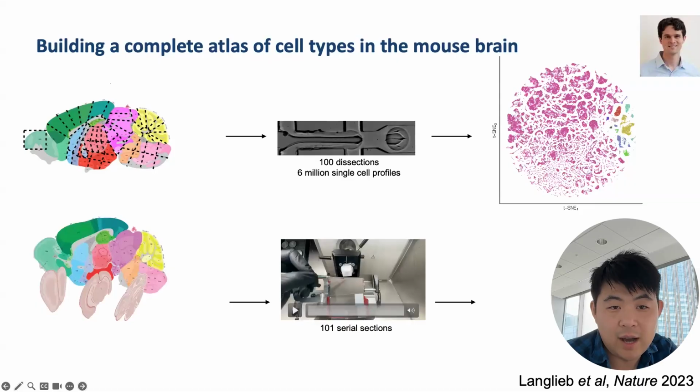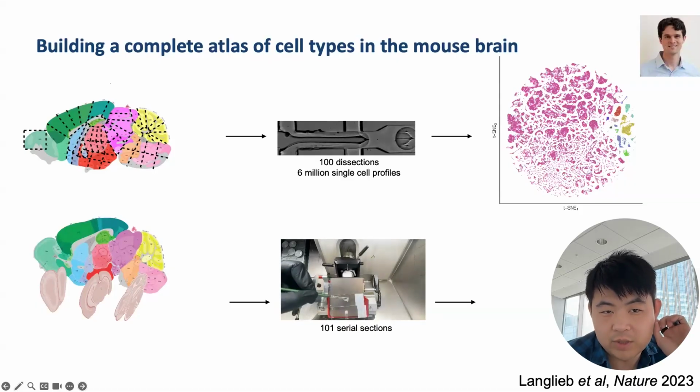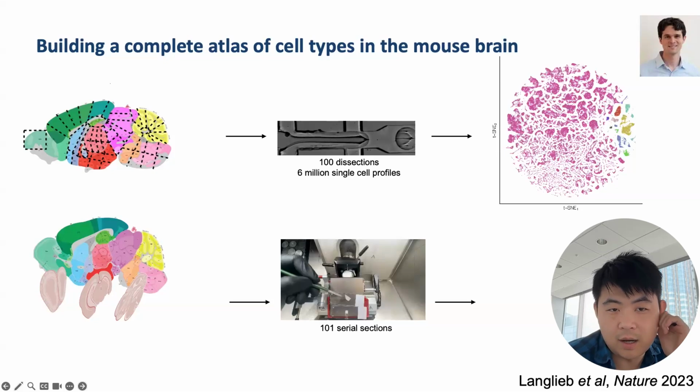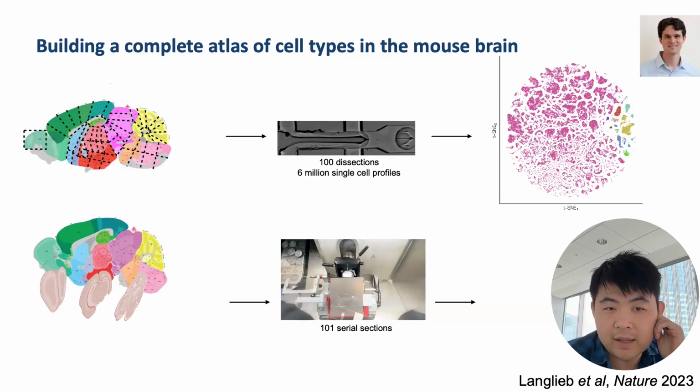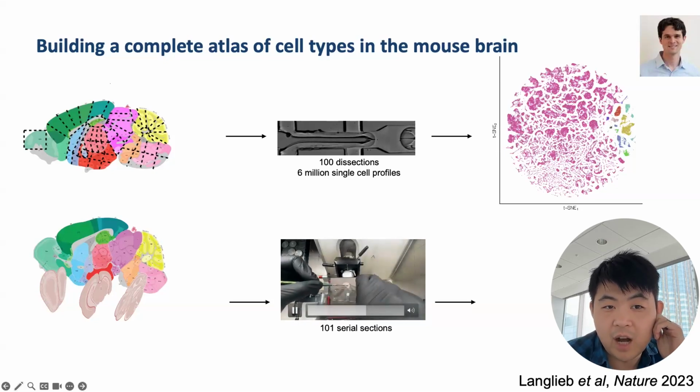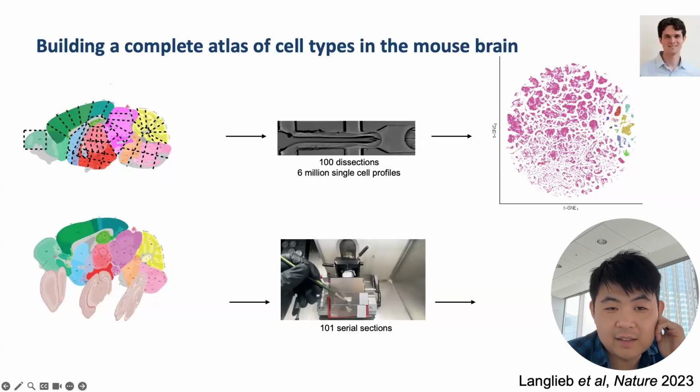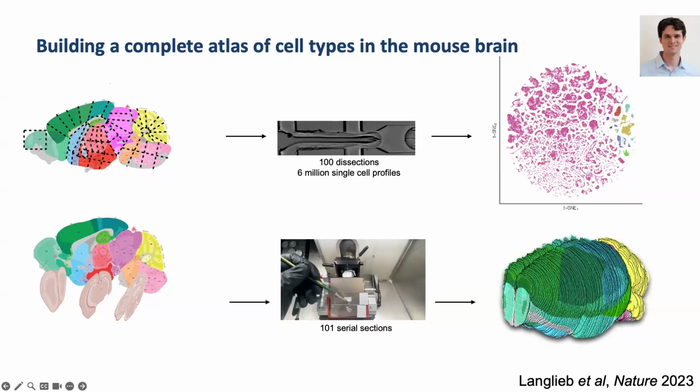And in parallel, Evan Murray, who has a research science lab, and Carol, an RA in Evan's lab, performed 101 serial sections of spatial transcriptomics on one brain. They had to be very careful not to mess up, and then we can reconstruct this organization of the architecture of cell types in the entire brain.